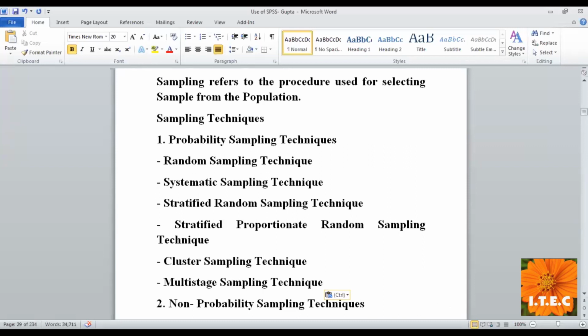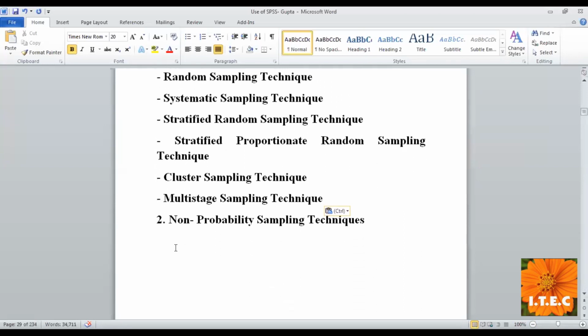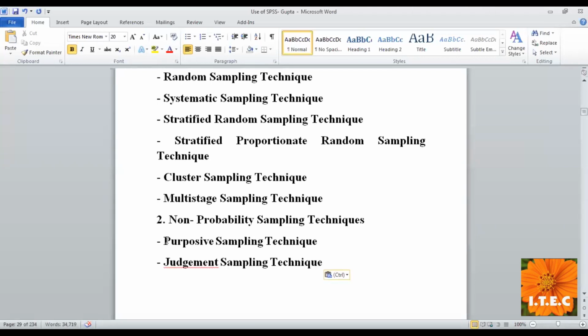And the non-probability sampling techniques are: one is called purposive sampling technique. Another is called judgment sampling technique.